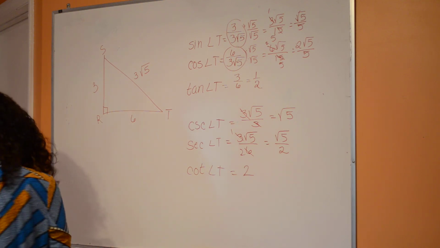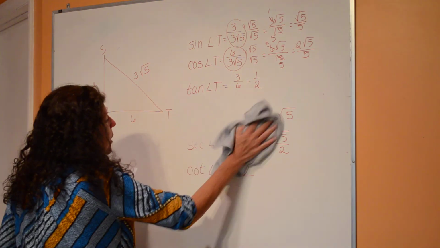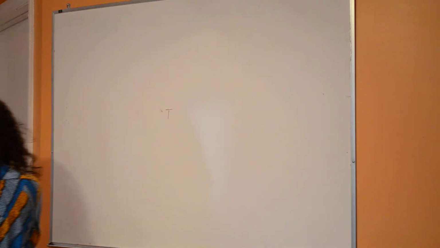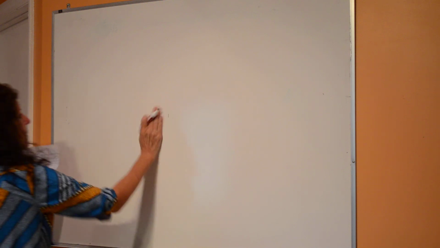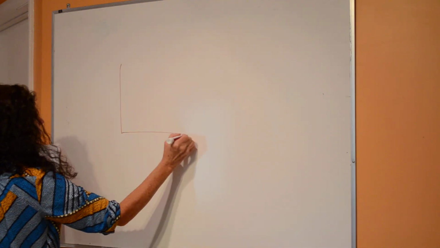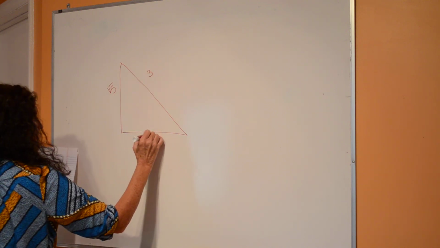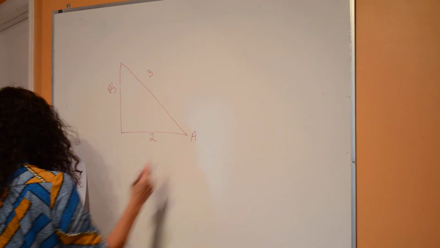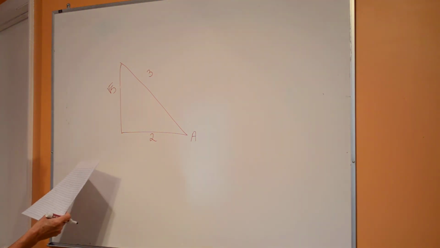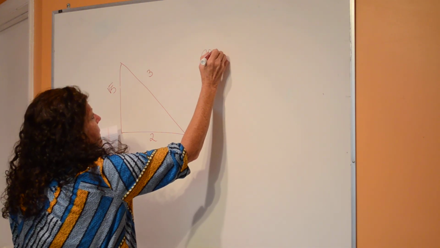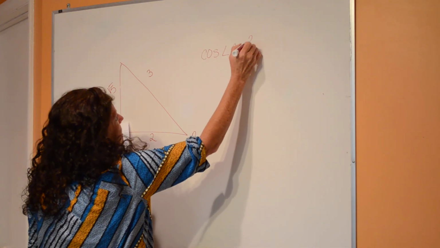All right, sometimes they don't give you the whole thing out, and they don't want you to find the 6 trigonometric functions. So erase that. Let's say they give you this triangle, and they say, find the tangent of A when the cosine of A is equal to 2 over 3.